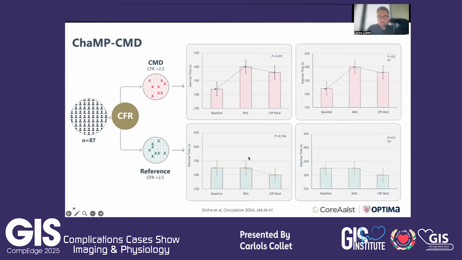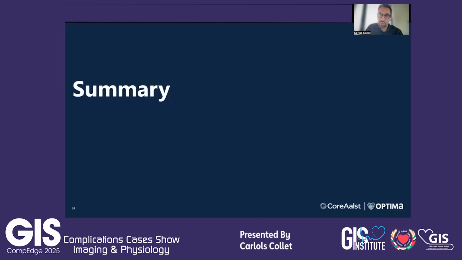And only those with low CFR actually improved their exercise capacity and their angina, suggesting that it is not adequate to start giving medications to everyone, because it's not necessary for the patient in the sense that they will not improve. So this tool then becomes essential to understand who are the patients that will benefit from treatment with medication.